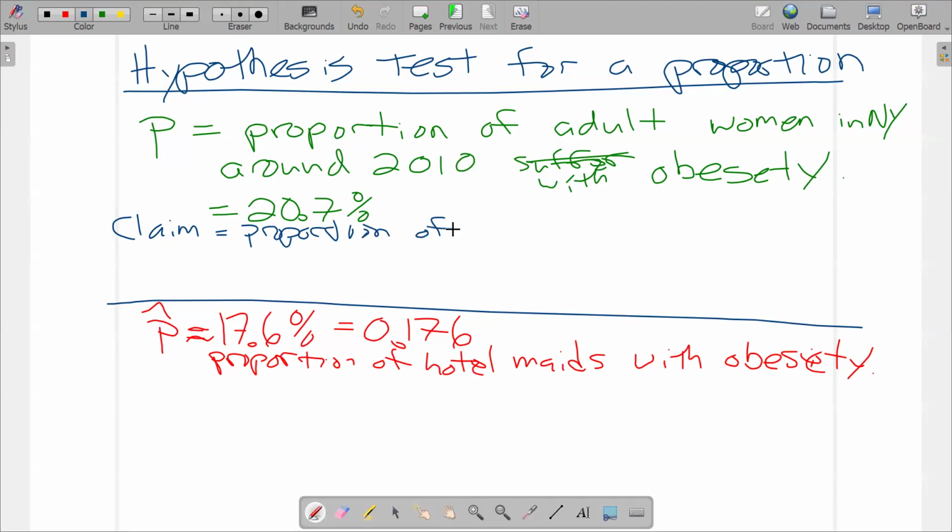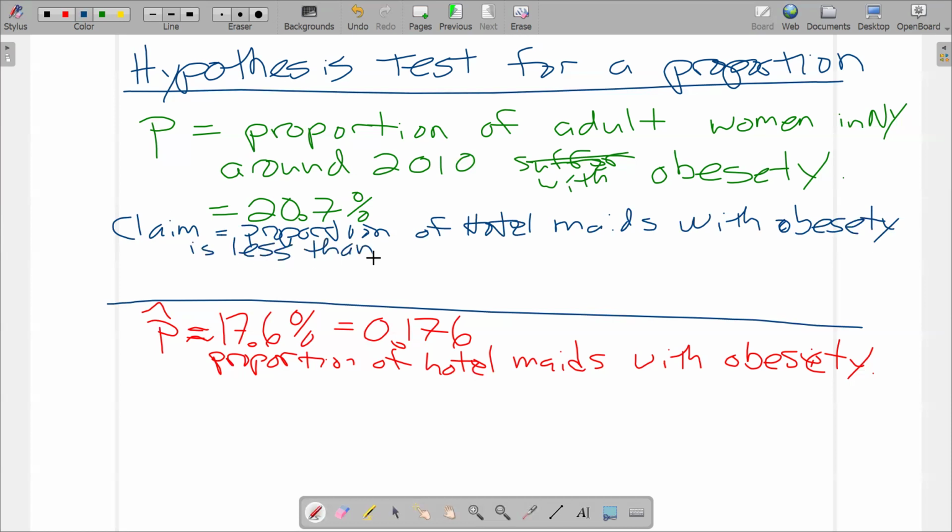The proportion of hotel maids with obesity is less than the population proportion of 20.7%.